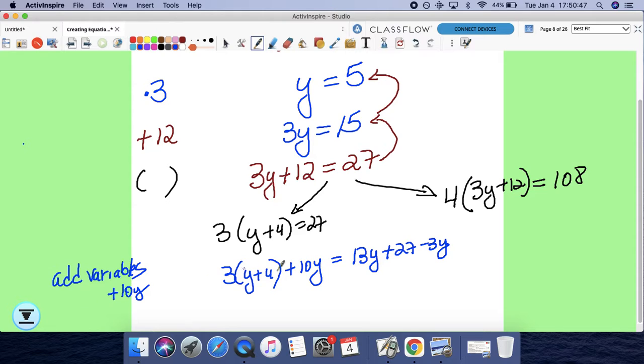Well, isn't 13y minus 3y the same thing as 10y? I wrote an equivalent expression, 13y minus 3y. It's the same thing, because if you combine like terms, 13y minus 3y eventually gives you 10y. So I just expressed 10y in a different way.